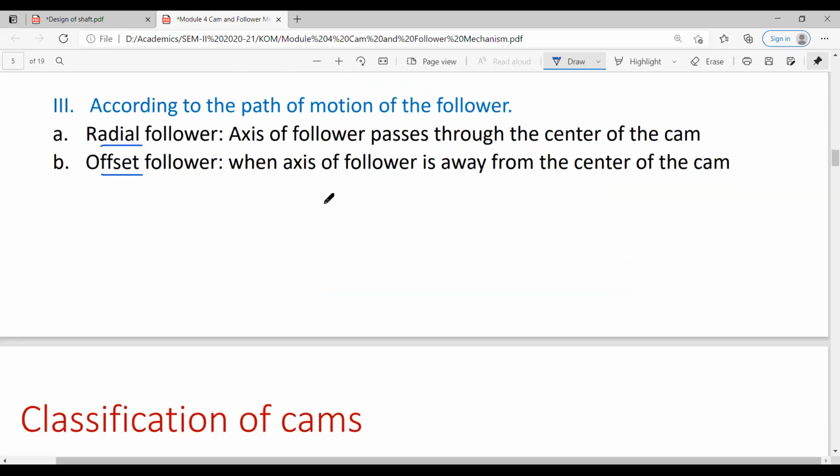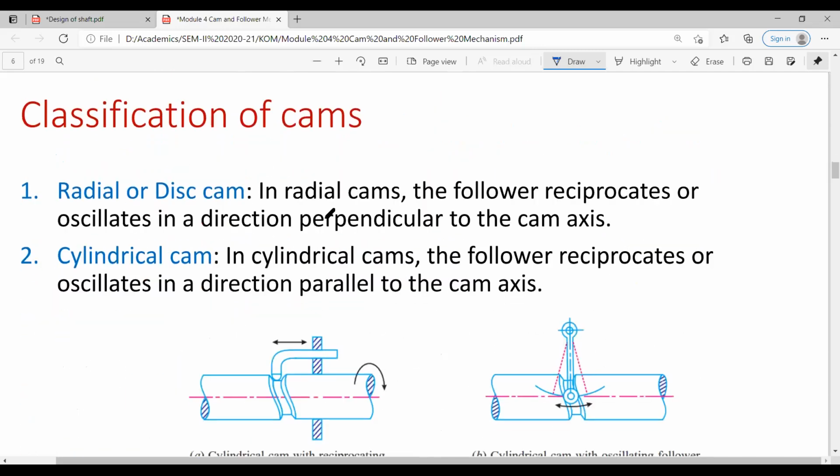Next we will see the classification of cams. If you refer to a number of books, you will find that there is a variety of cams based on different criteria. But limiting ourselves to the syllabus, these two types are very important to us.